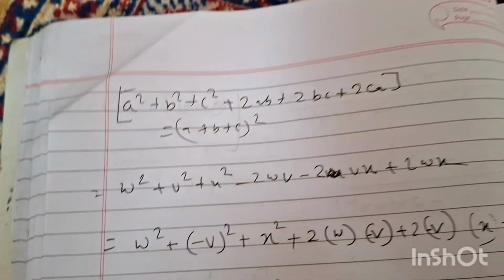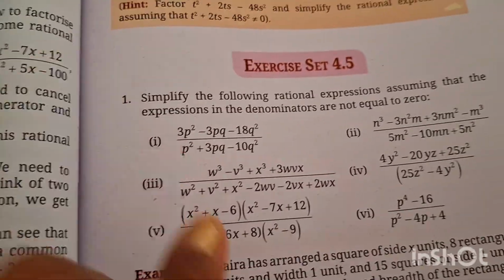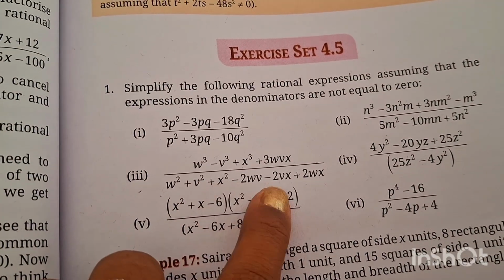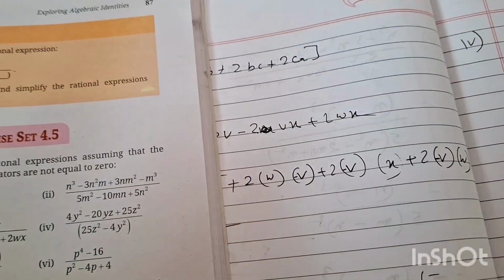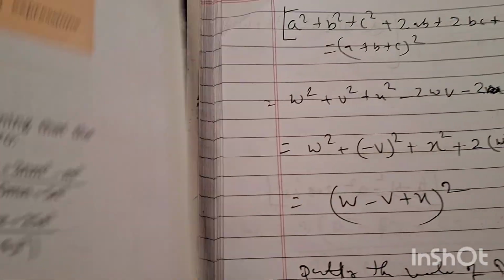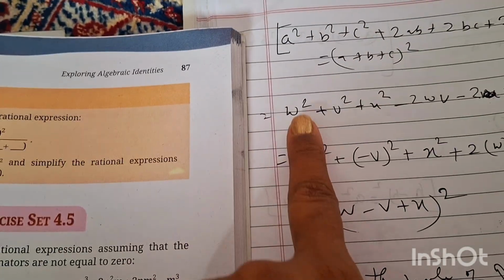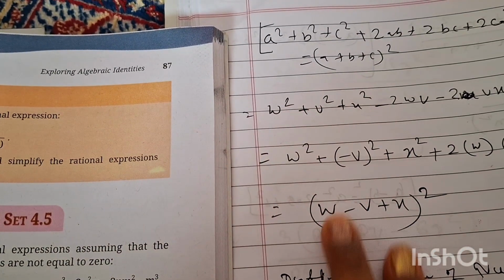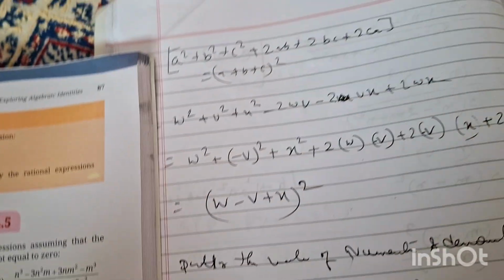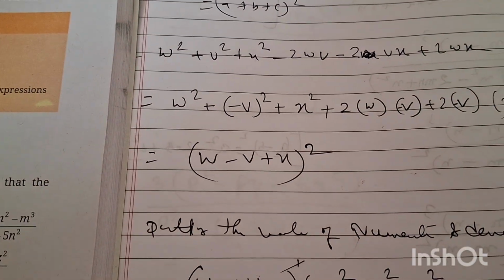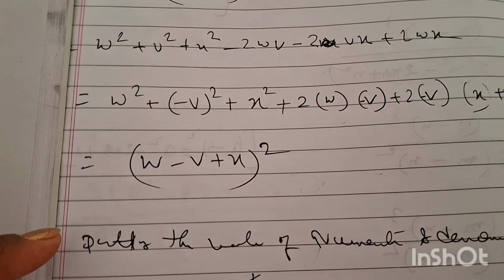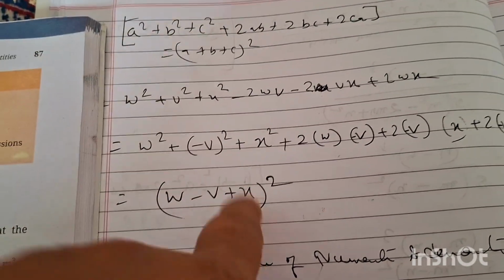Now the question arises. Here you have minus, but in the formula there is no minus. So don't have any doubt about how you will do it. Make it simple.